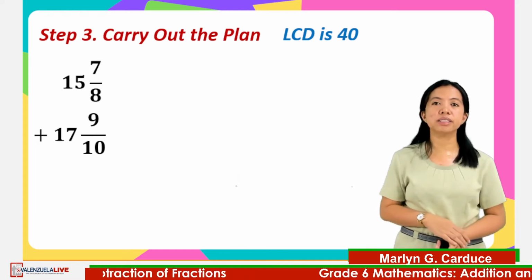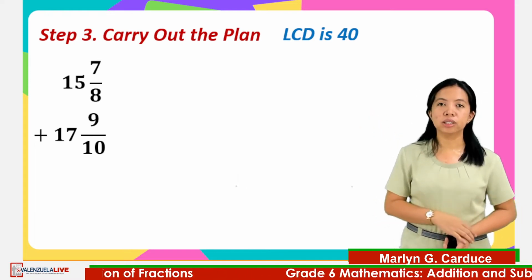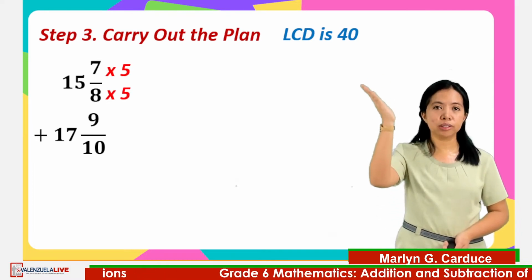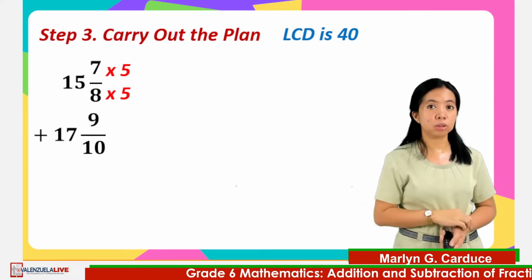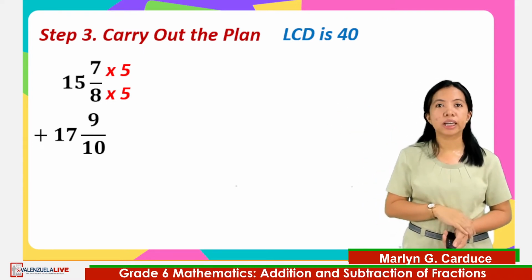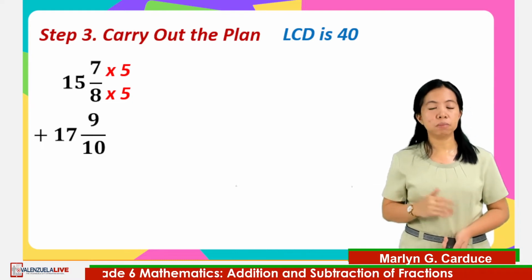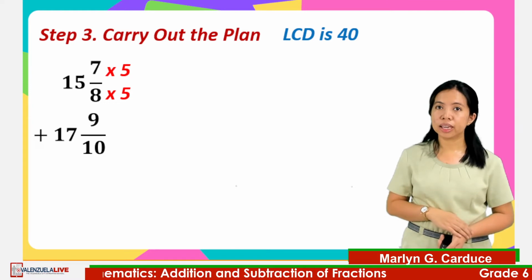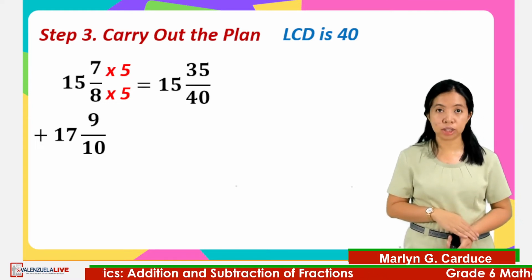So using the LCD, let's rename the fractions to get their equivalent fractions. So since we have 40 as our denominator, if we multiply 5 to 8, we will also multiply 5 to the numerator. 7 times 5 equals 35, and 8 times 5 equals 40.